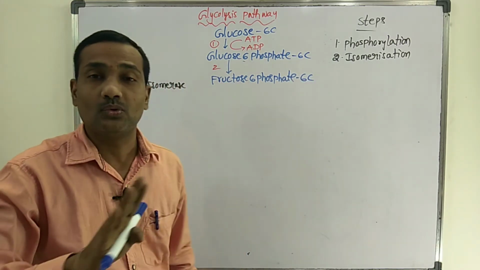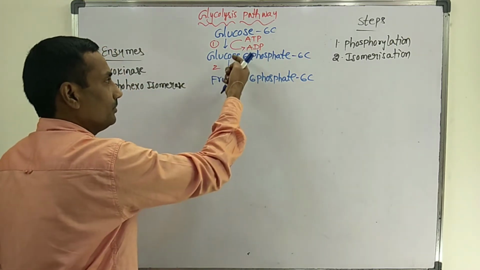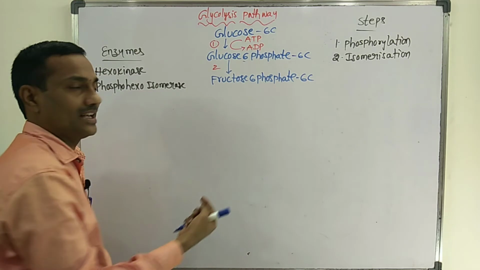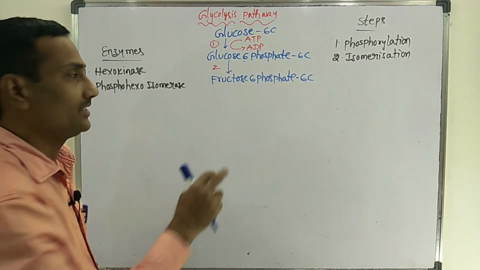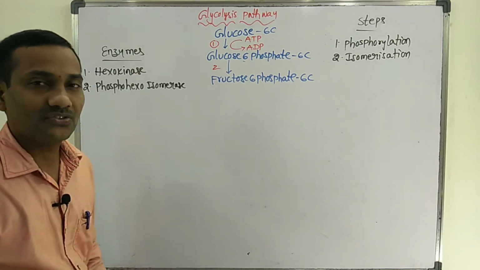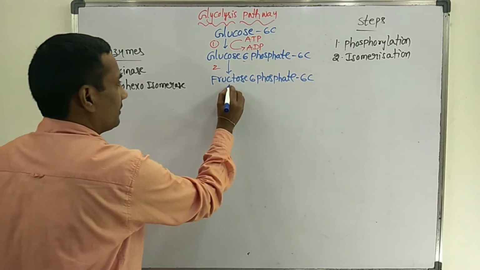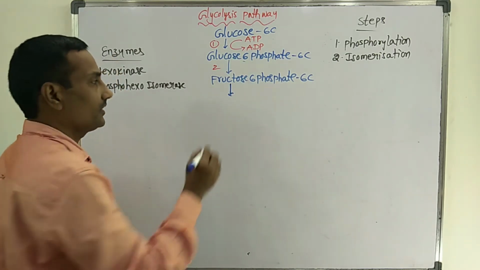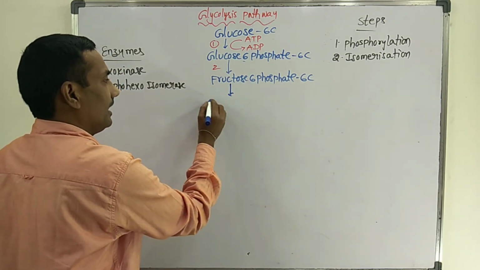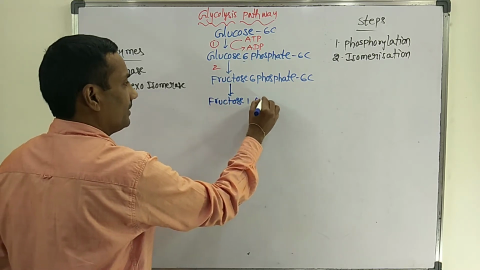The number of carbons is not changed. In the second step, because of isomerization, glucose 6-phosphate isomerizes into fructose 6-phosphate in the presence of phosphohexoisomerase.